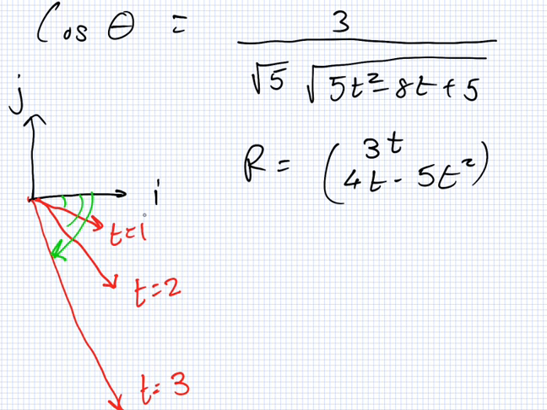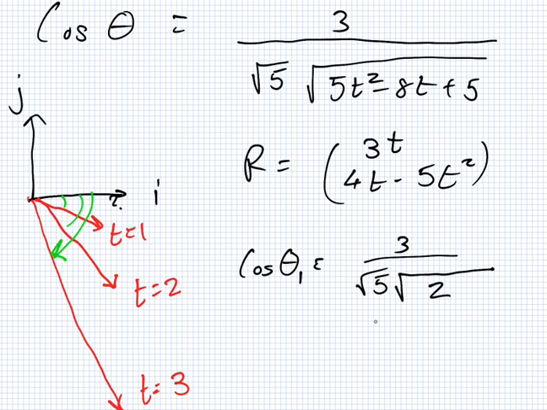So if you needed to find any of these angles, you can just put the t in. So let's, for one example, put in the first angle here. So that would be cos, let me call it theta 1. That would be 3 over root 5... let's see, that's 5 plus 5 is 10, minus 8 is 2 actually. So can someone tell me what the first angle here is?